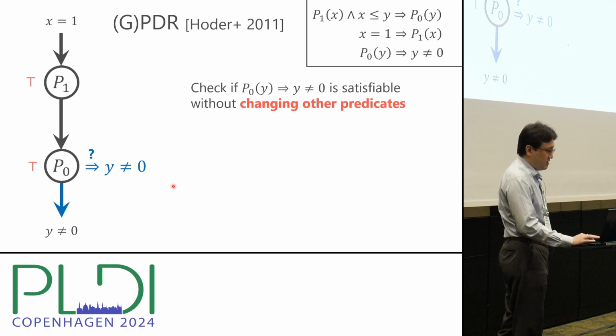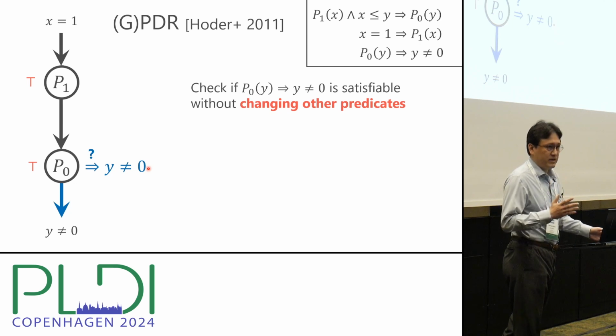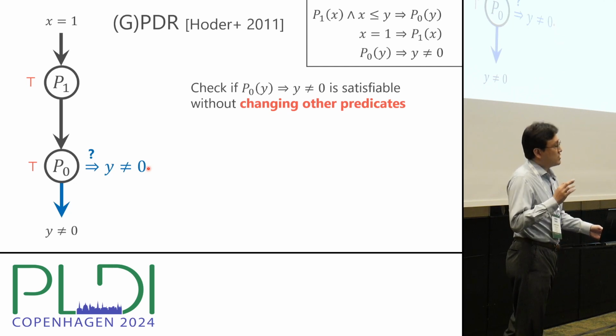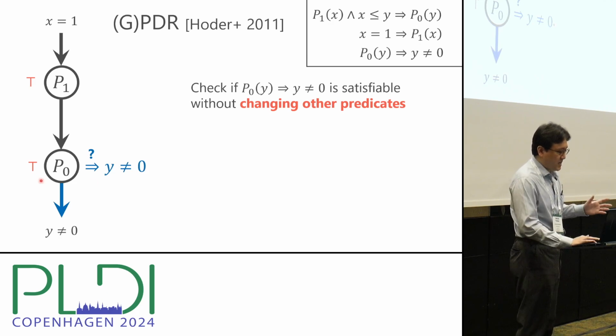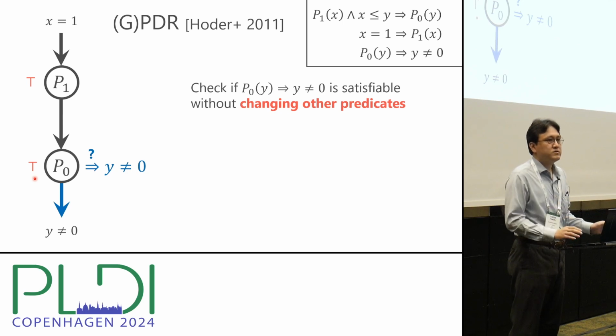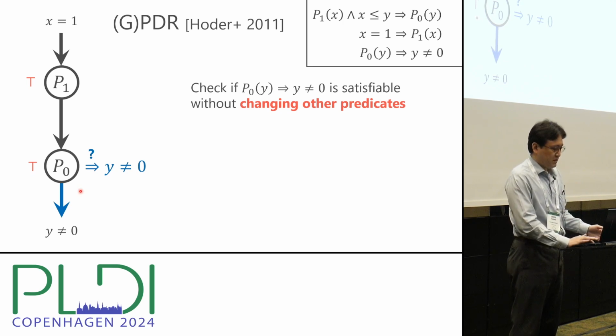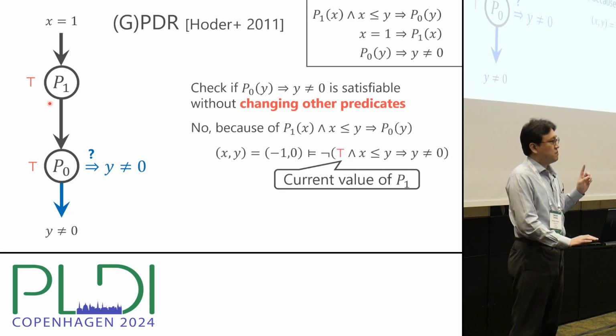Given this kind of request, GPDR tries to resolve it locally first. That means it tries to change the assignment to P0 without touching the assignment to any other variables. And we check if it's possible. In this case, it's impossible because P0 is true on -1, and this condition together with this first constraint forces P0 to be true on 0.